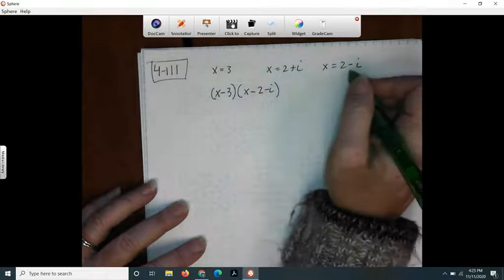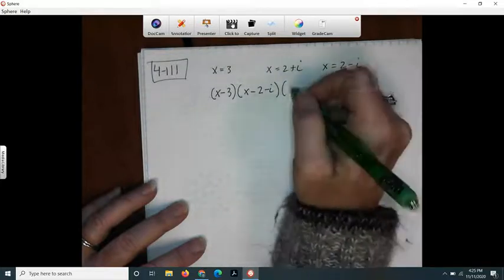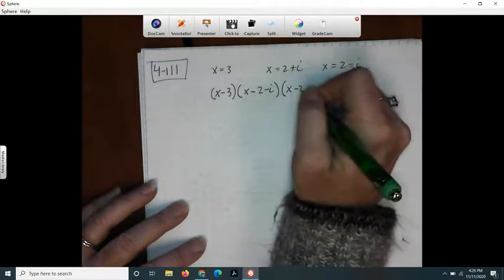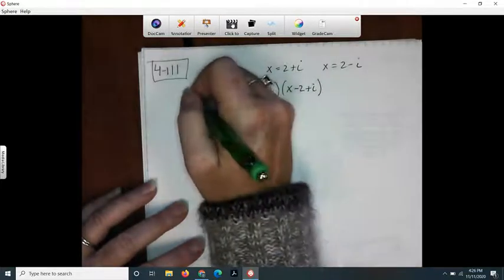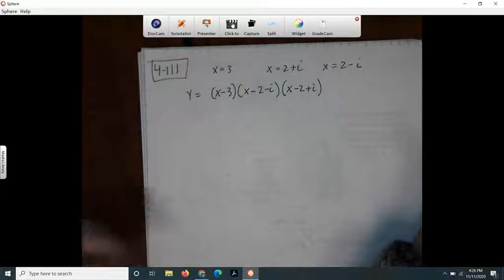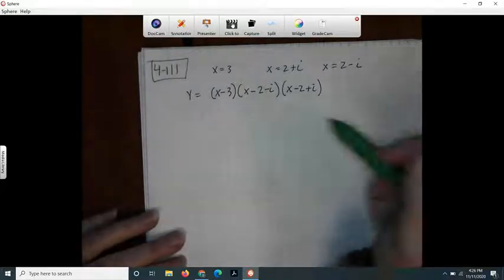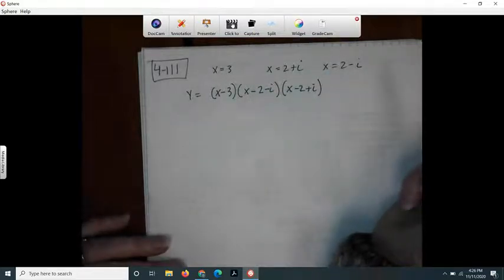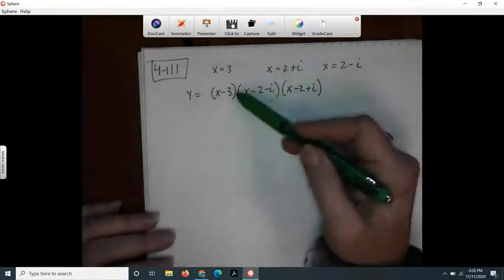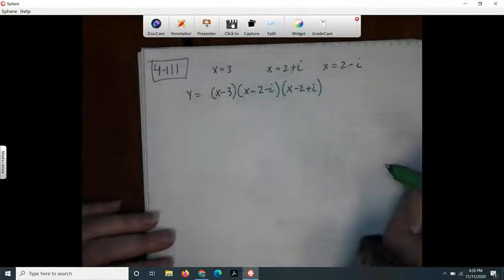And this one came from a factor that went like this. And so I could just say, well, there it is. There's my cubic, but it asked me for standard form. So I have to use some method to multiply all these factors together.